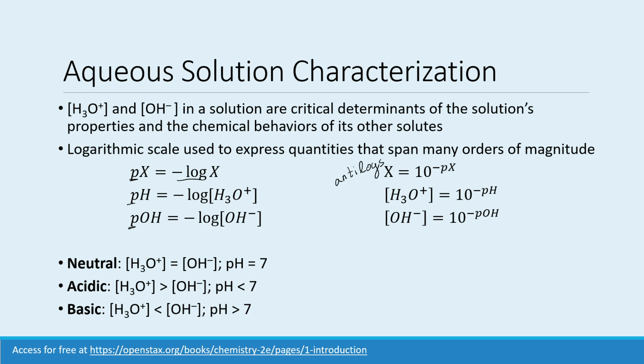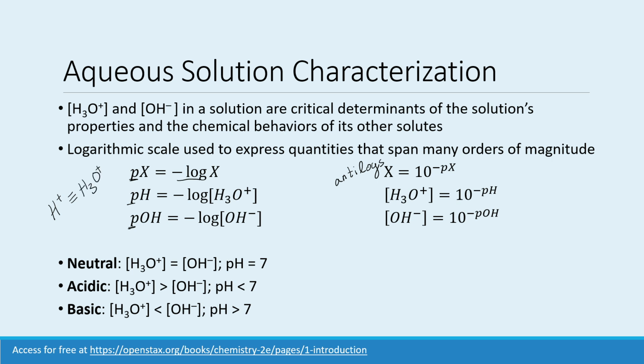Okay, so for example, if we're looking at that hydronium ion concentration, remember that oftentimes we will look at that hydronium ion as being interchangeable with the hydrogen ion, which is the H+. Right, so H+ we consider to be approximately the same as that hydronium ion.